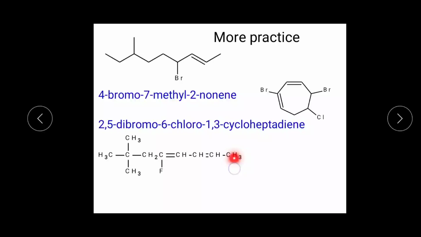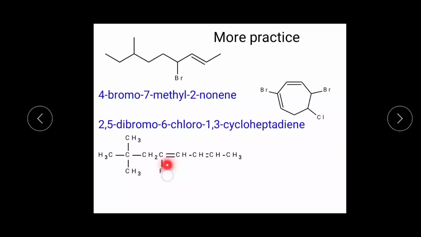This will be carbon 1, 2, 3, 4, 5, 6, 7, 8. Again, this is carbon 1, 2, 3, 4, 5, 6, 7, 8. There is a presence of double bonds, so this will become a diene.